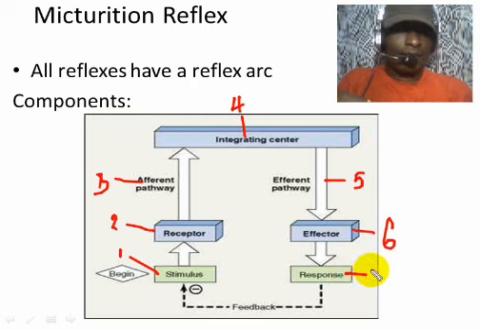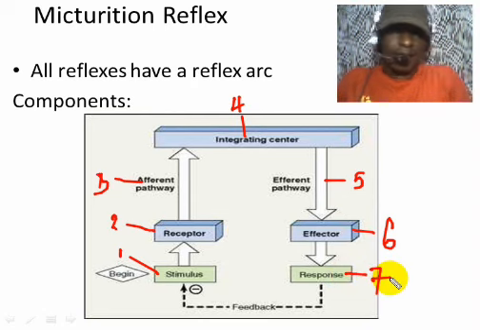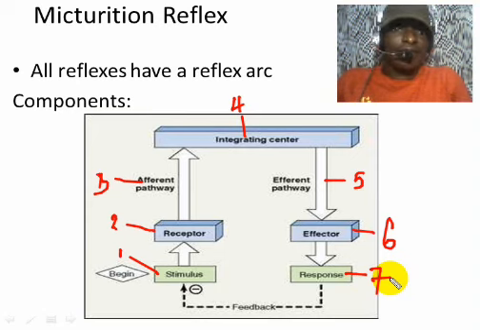Finally, there is a response. So basically a reflex arc has 7 components. 1 is the stimulus, 2 is the receptor, 3 is formed by the afferent nerve, 4 is the integrating center, 5 is the efferent nerve, 6 is the effector organ, and 7 is the response.